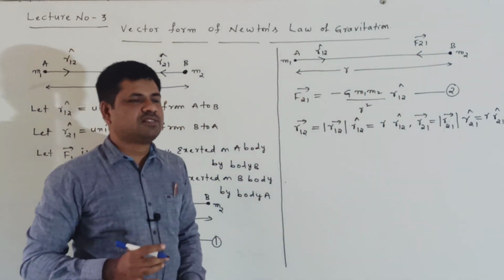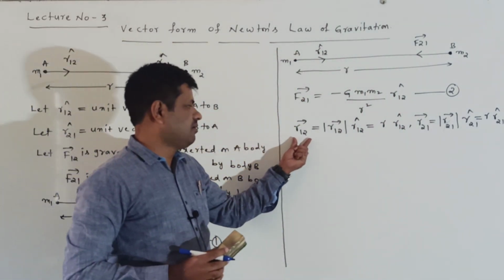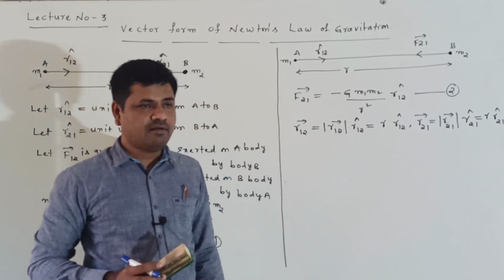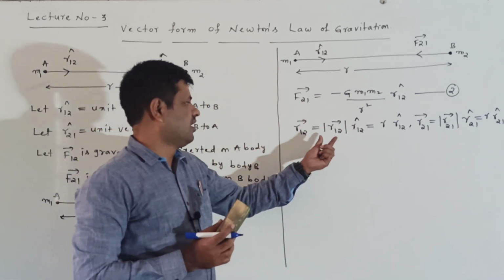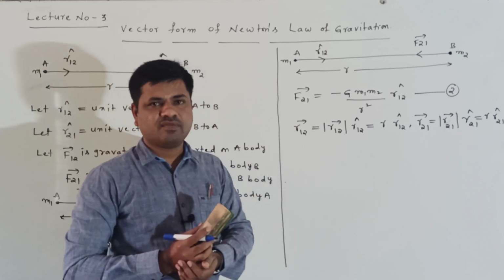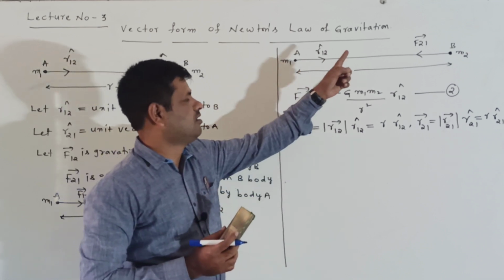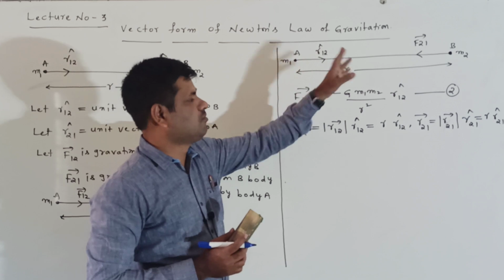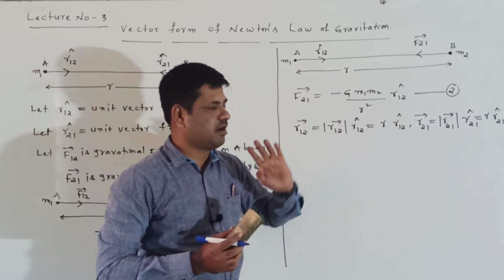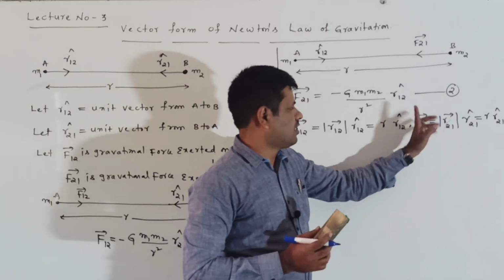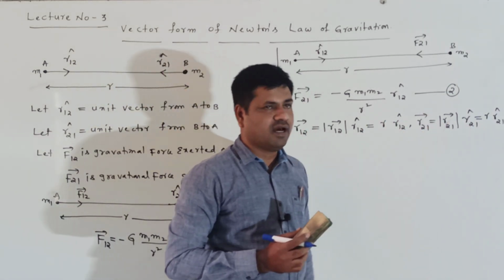Listen once again. Any vector can be written as magnitude into unit vector. R12 bar is the vector representing the distance between the M1 and M2 bodies, which is R into R12 cap. R21 bar is also written as its magnitude into unit vector.